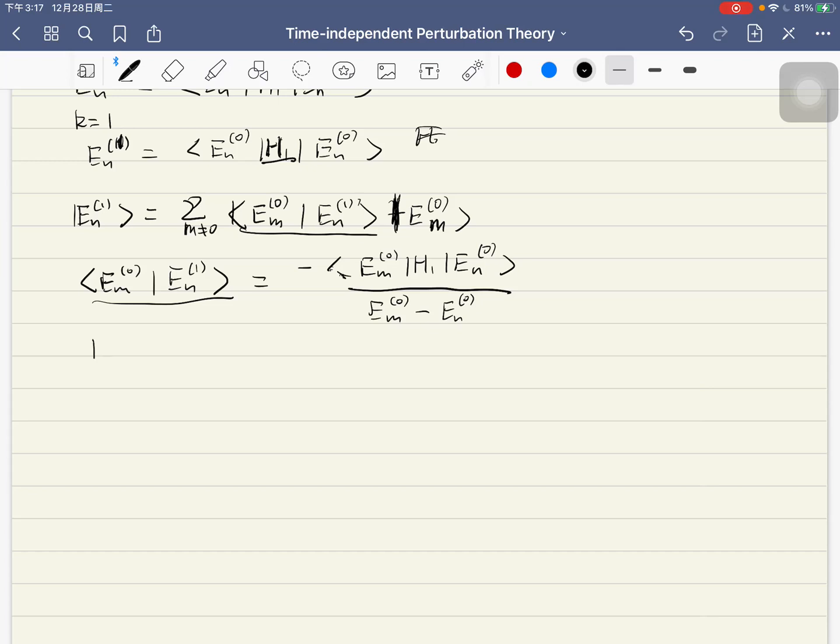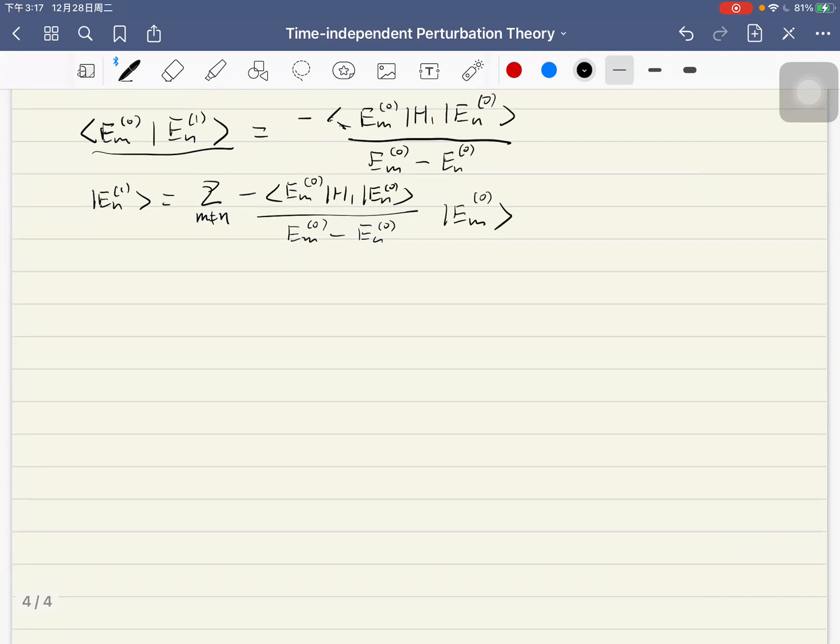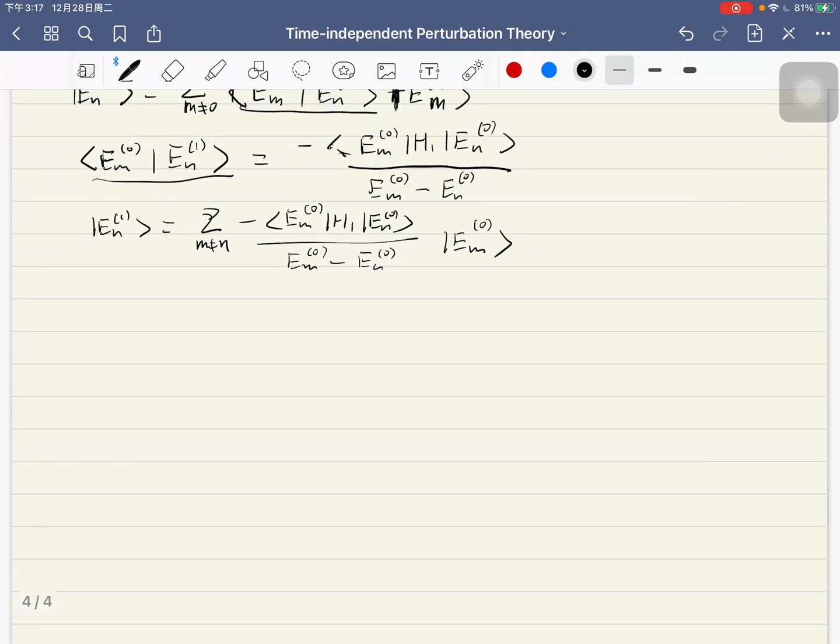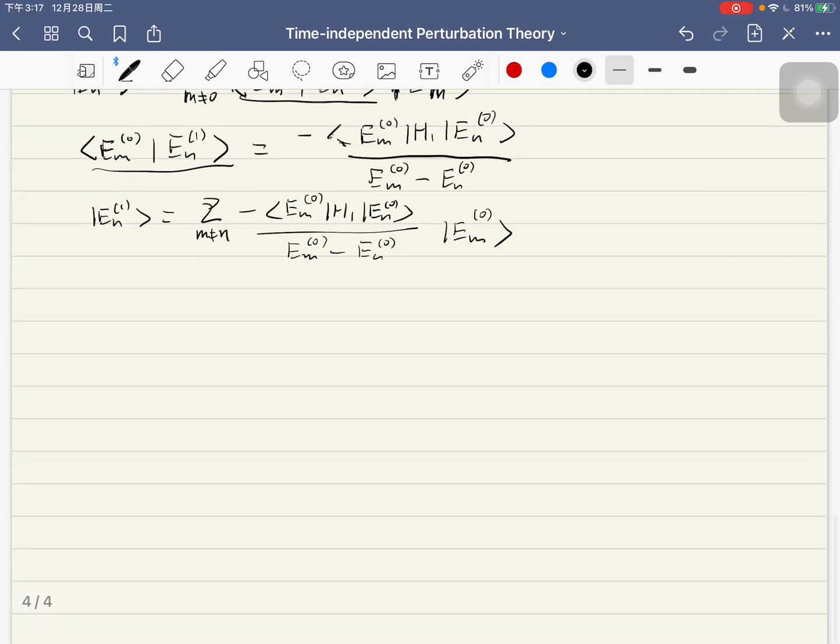So complete E_n1 equals the sum m not equal to n of the term over E_m0 minus E_n0. So we have solved the first order perturbation problem.